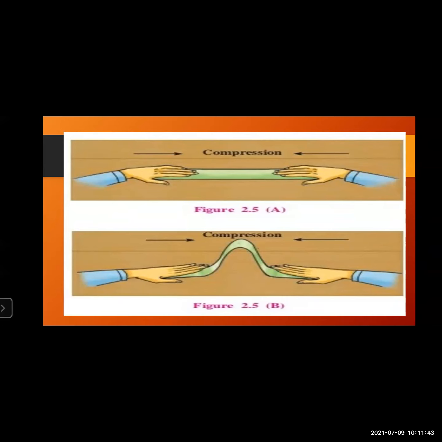For this, take a 30 centimeter long paper strip. Place your hands on both ends of the strip as shown in figure 2.5a. Move both hands toward each other and give pressure to the strip. Then you can see what will happen.